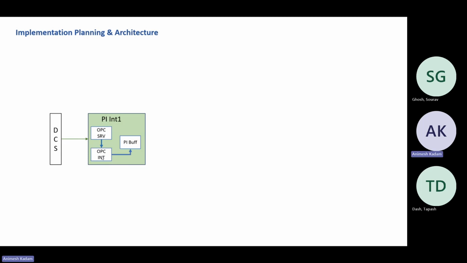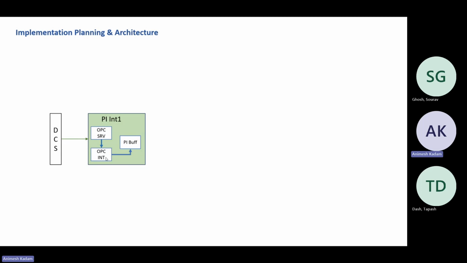This will be the executable for the OPC, like Pi OPC DA or UA, whatever you are using, or HDA. I am considering the basic Pi OPC DA here, which is what you must be doing most of the time. So we will have one instance of the OPC DA interface here, and then we will have the Pi buffer subsystem. Whatever configuration we do to collect data from the OPC server will be done inside this OPC DA configuration.